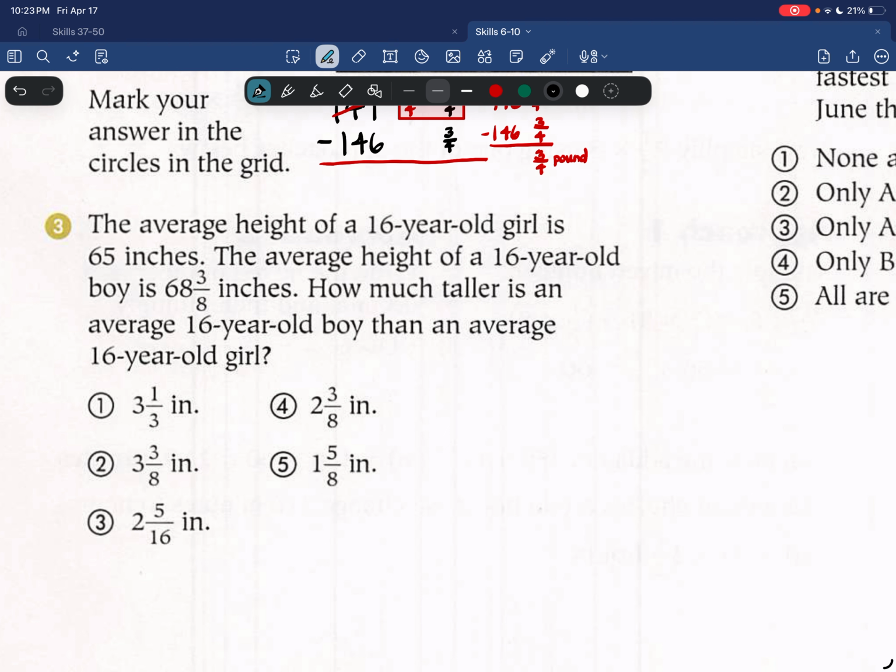So the boy is a little bit taller. Put that number first. Subtract the 65 for the girl's height. And here you can just bring down that 3/8. Then 8 minus 5 is 3, and 6 minus 6 is 0. So the answer is 3 3/8 inches, or number 2. There was nothing weird there to borrow or do anything strange.